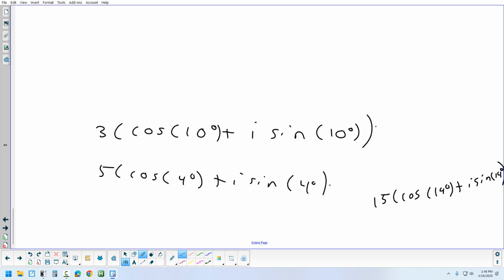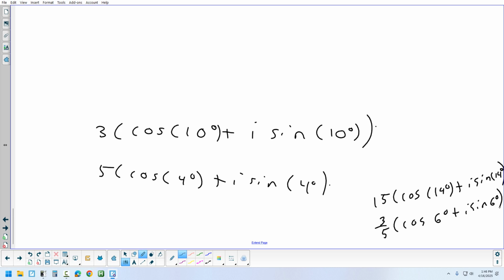And if I wanted to divide them, the way that we learned, you have to find the conjugate, FOIL it, change the i squared to negative 1, combine like terms. I don't have to do any of that with this. If I was going to divide these two numbers, the answer would be 3/5 cosine 6, i sine 6. Done, the whole problem.